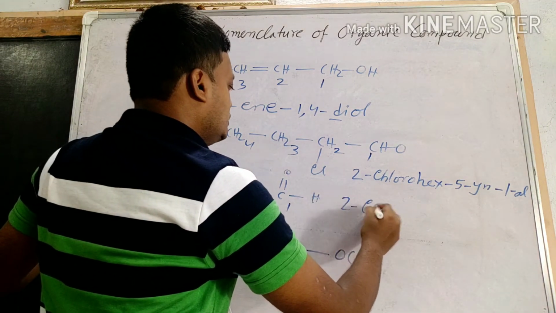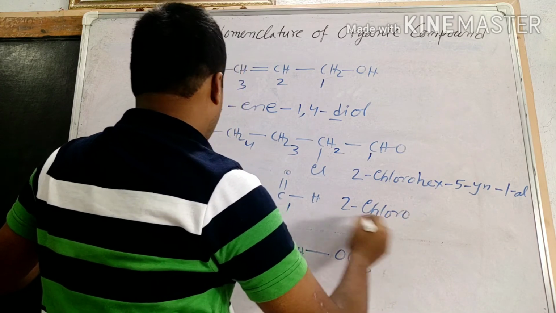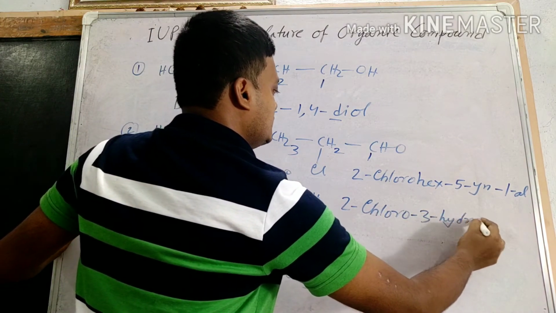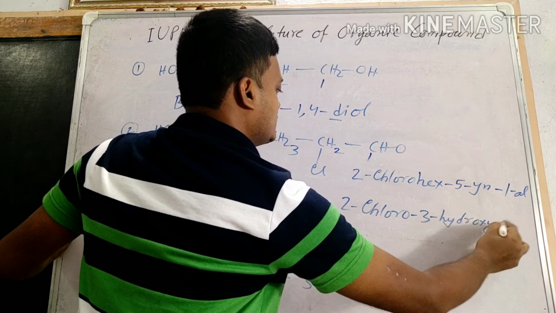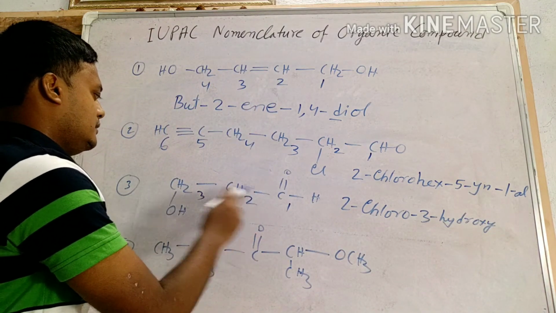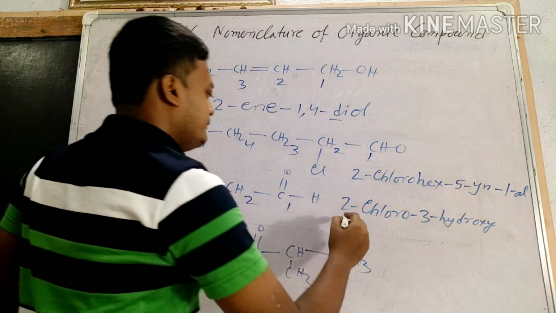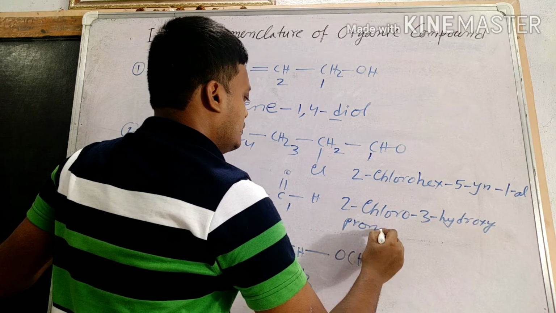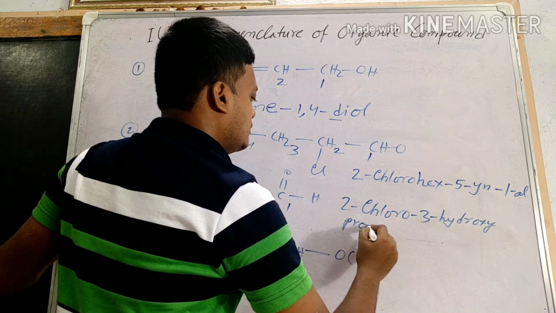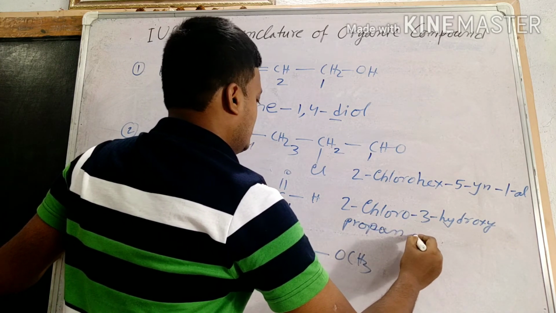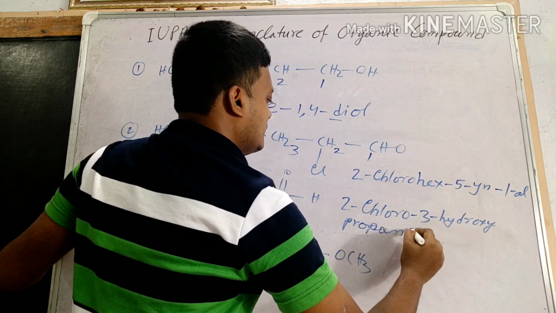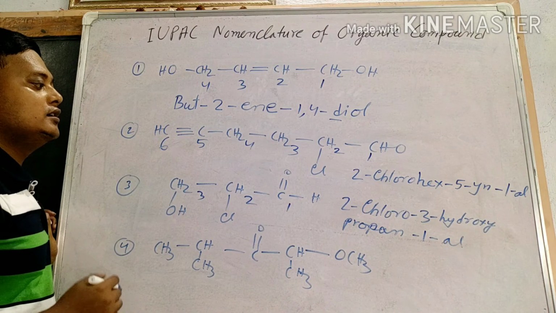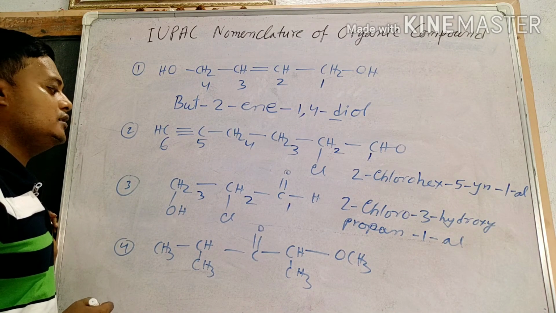So 2-chloro, 3-hydroxy, 3 carbons in the main chain, propan-1-al, or directly propanal. 2-chloro-3-hydroxypropanal.